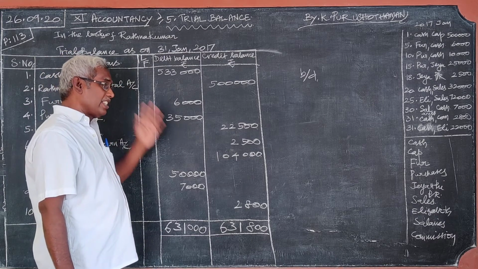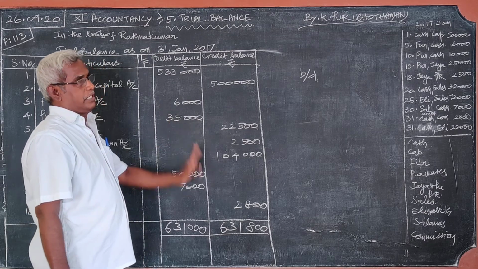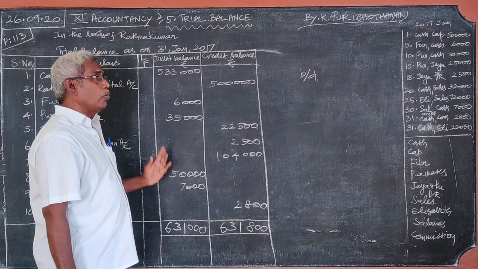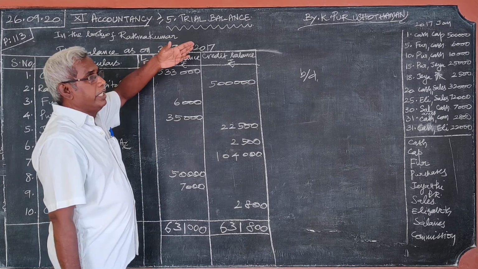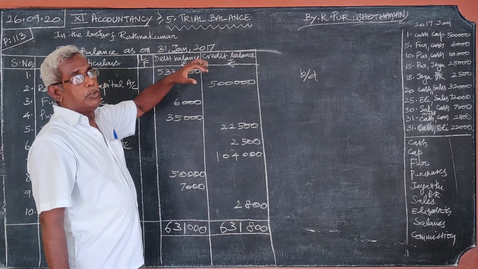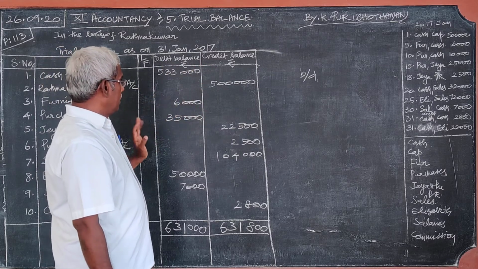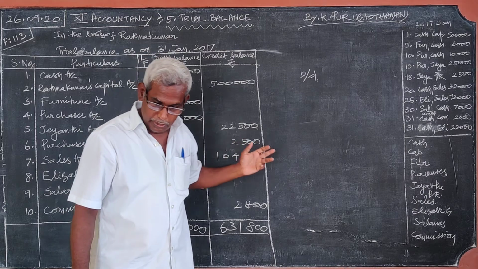Only then can we say the accounts are correct. If the totals are not equal, then for the accounts we have prepared, we have already passed the journal entries and prepared the ledger accounts, so we have made some mistake somewhere. So you can check the amounts.